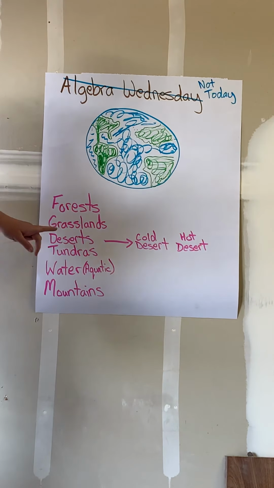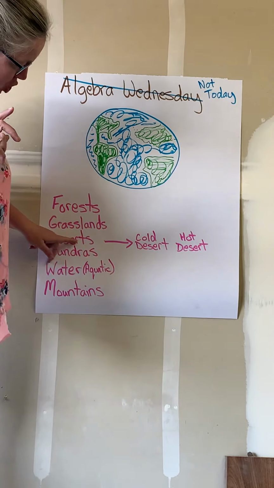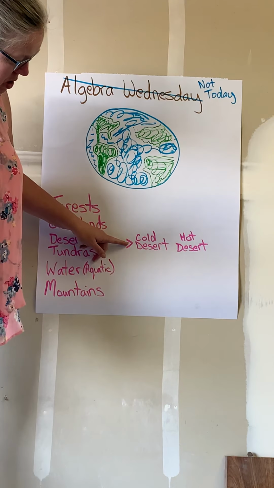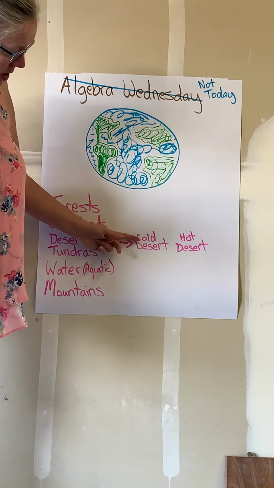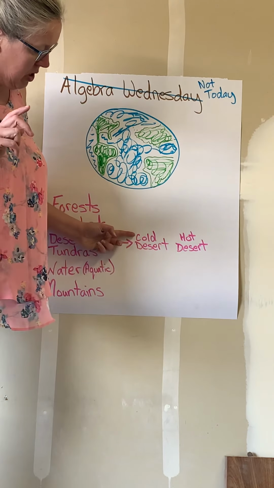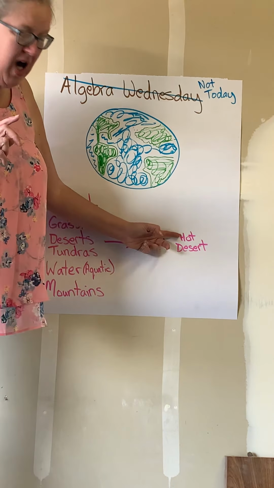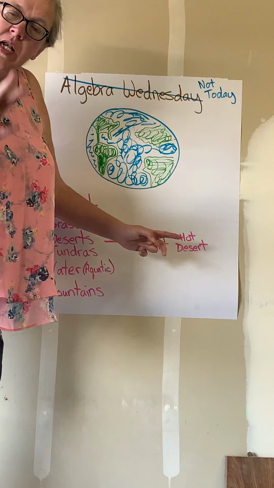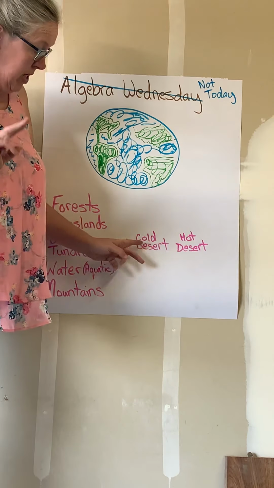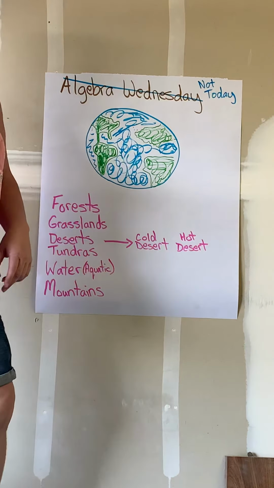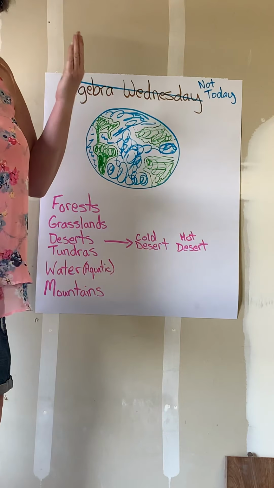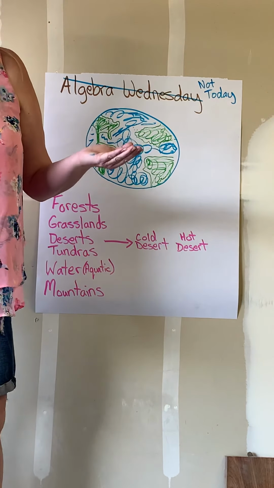Okay, now, what I've done here, I've made an arrow, and I've got two things here. It says cold desert, hot desert. Now, there are two, like it says, two kinds of deserts that you can live in. You can live in a cold desert or a hot desert.